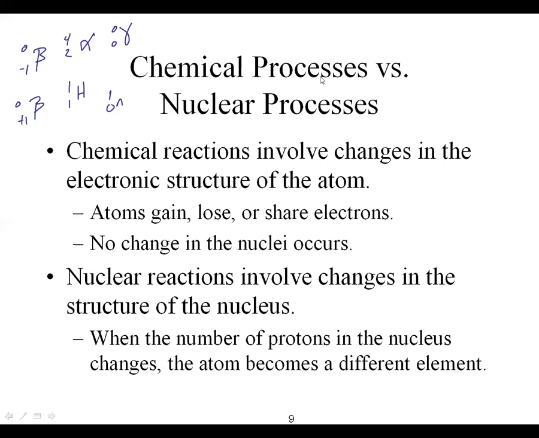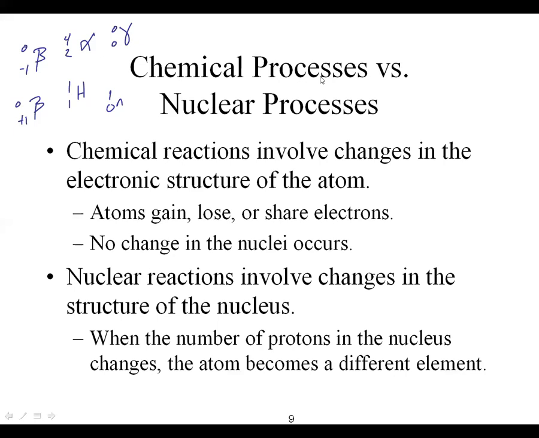And as you can imagine, since the nucleus is the heart of an atom, there's a lot of energy change that occurs as you start transforming those particles from one particle to another. So in comparison, as we will see, there's a tremendous difference in the energy output between a chemical reaction and a nuclear reaction.